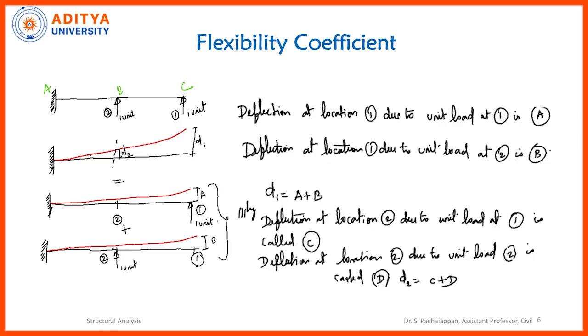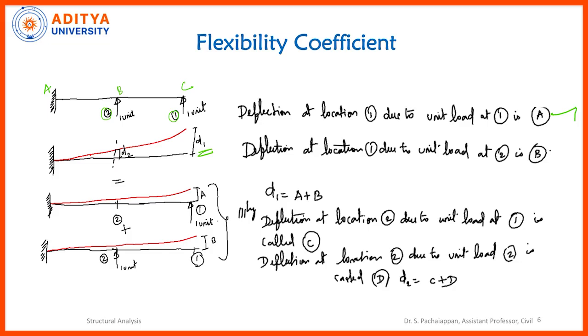In this cantilever beam, I am going to apply the unit force at two locations, location 1 and location 2, where the displacement is measured. For example, consider the deflection at location 1 due to unit load at location 1. This is location 1. So the deflection at location 1 is D1, due to unit load at location 1 itself.